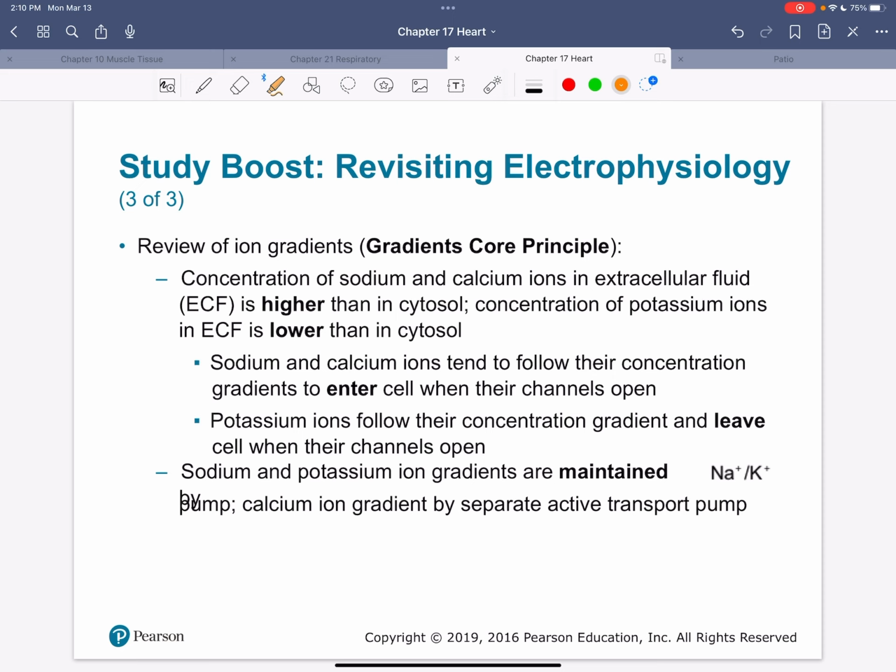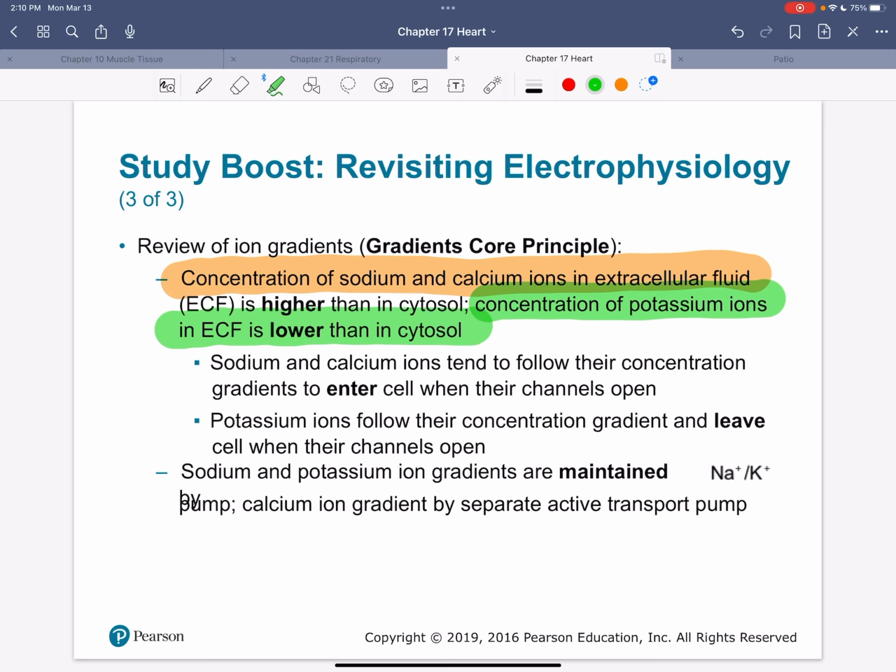Now, of course, this is based upon concentration gradients of ions. So we have a concentration of sodium and calcium in the extracellular fluid, and it's higher than in the cytosol, right? Whereas the concentration of potassium ions in the extracellular fluid is lower than the cytosol.